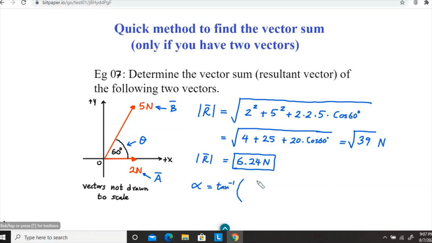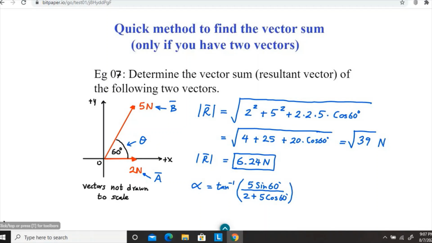I'm going to substitute the values. First, on the numerator, I'll have 5 times sine 60 degrees over 2 plus 5 times cosine 60 degrees.